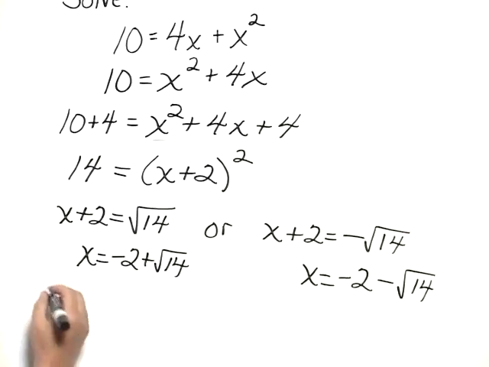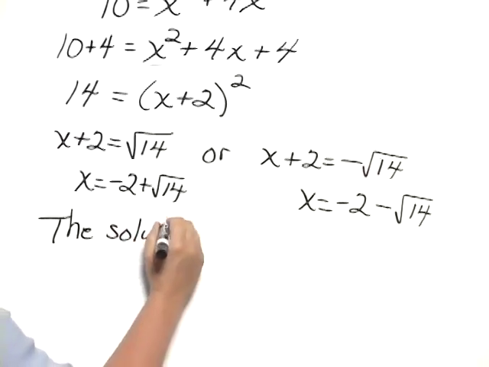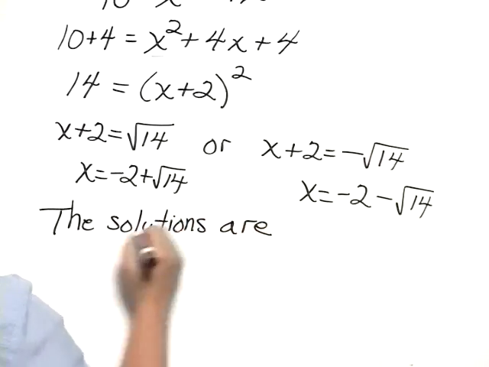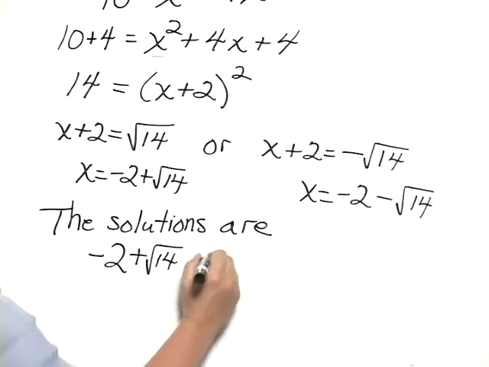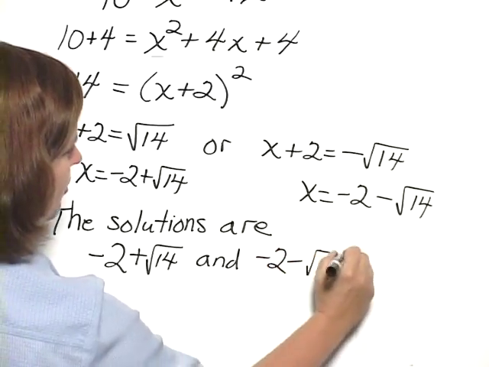Both of those check in the original equation, so I can state that the solutions are negative 2 plus the square root of 14 and negative 2 minus the square root of 14.